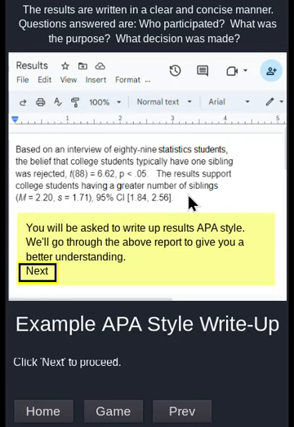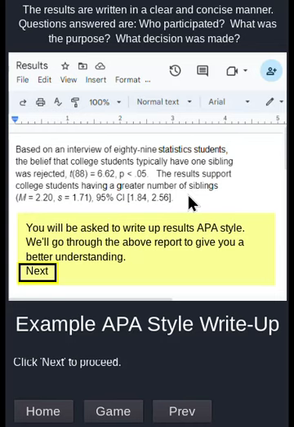The results support college students having a greater number of siblings (M = 2.20, s = 1.71), 95% CI [1.84, 2.56]. All right, so what does that tell us?